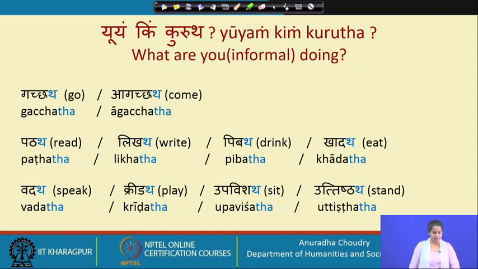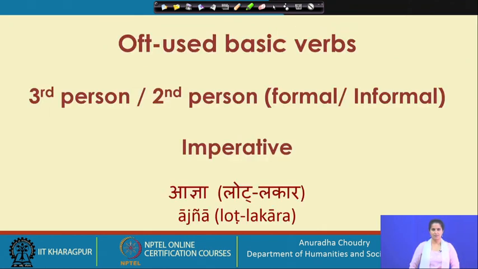So here we have gachatha, agachatha, pathatha, likhatha, pibatha, khadatha, vadatha, kridatha, upavishatha, uttishtatha. Yeah? So tvam gachasi becomes yuyam gachatha, and it goes along with all the other verbs.